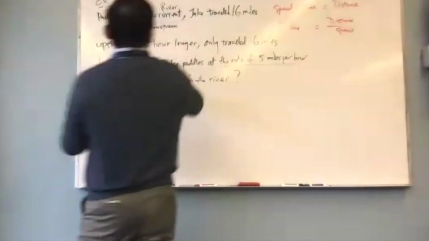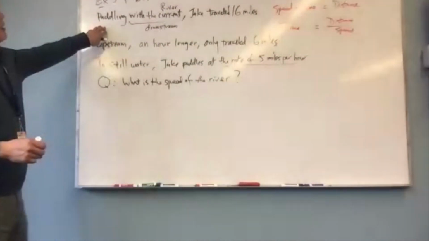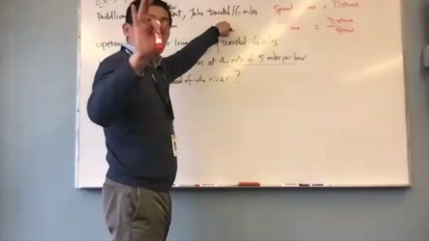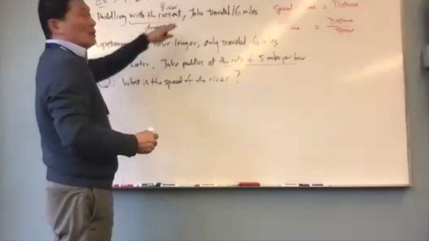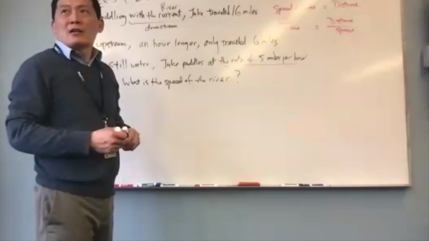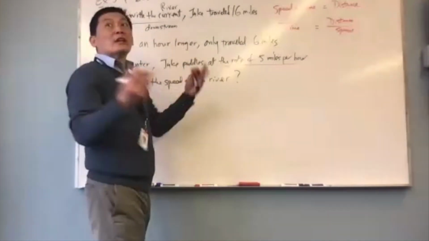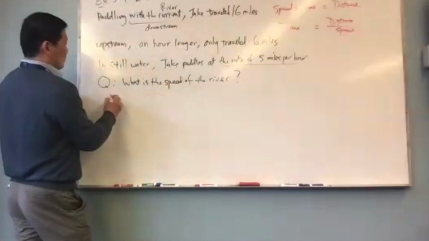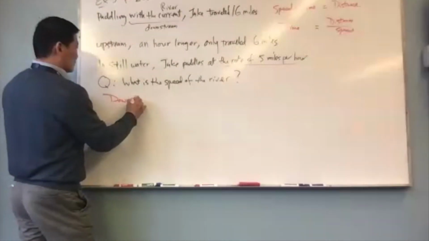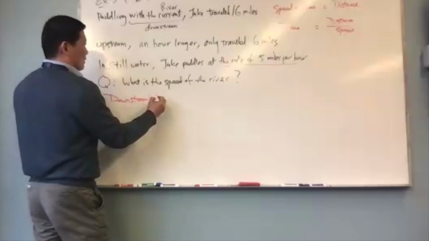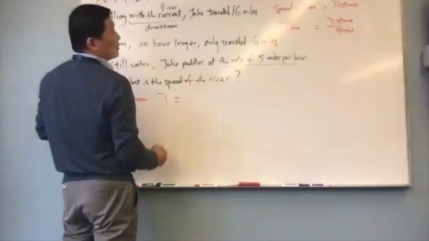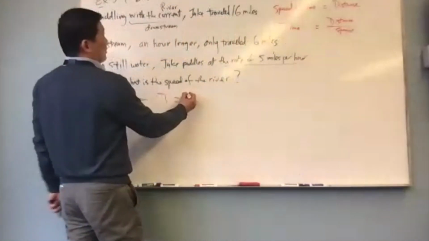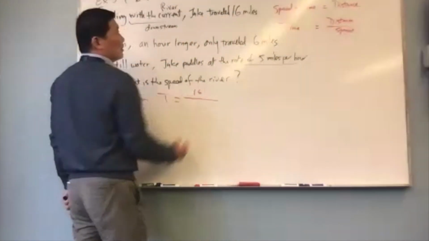So over here, paddling downstream, Jake traveled 16 miles. It takes quite a bit of time, right? It takes how much time? We don't know. But we can say downstream, time it takes is equal to distance divided by speed. Distance is 16 miles.